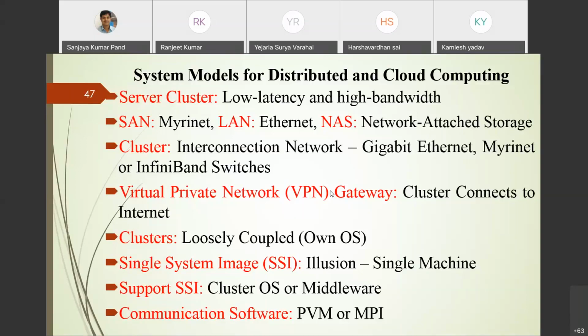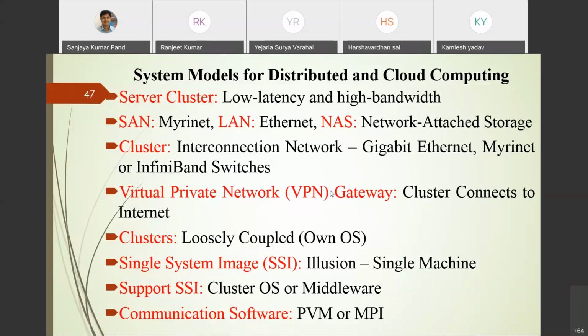Similarly, if you want to use SAN, generally we use Myrinet. Okay, with SAN, then you are using Ethernet. In the NAS case, you are using network attached storage. With respect to that, you can choose whether to use Myrinet or network attached storage. So a cluster is nothing but the interconnection network.